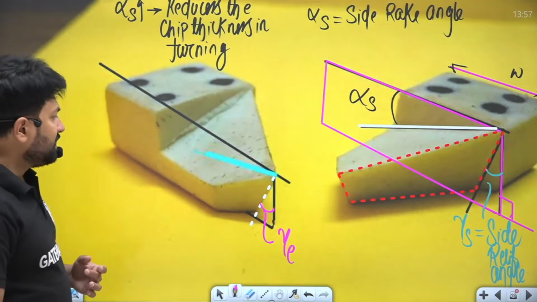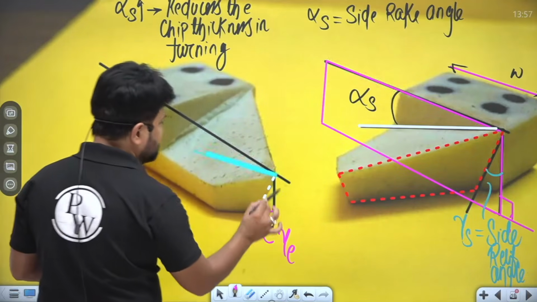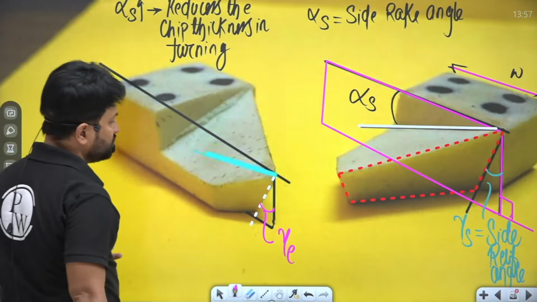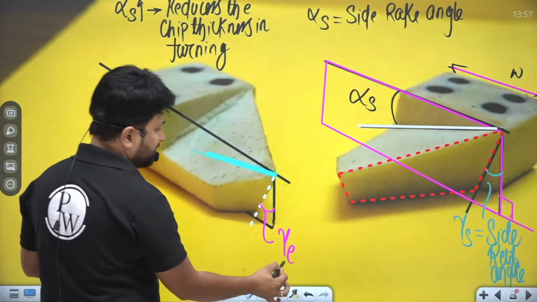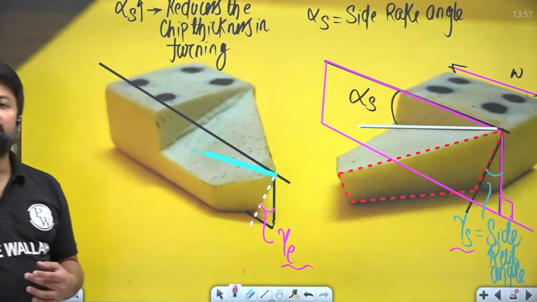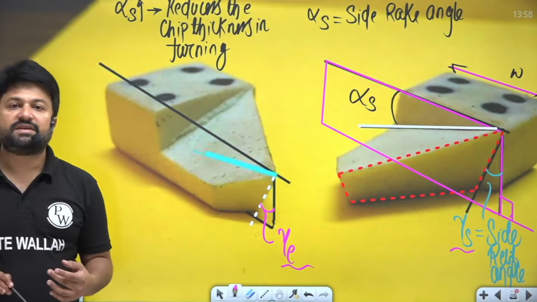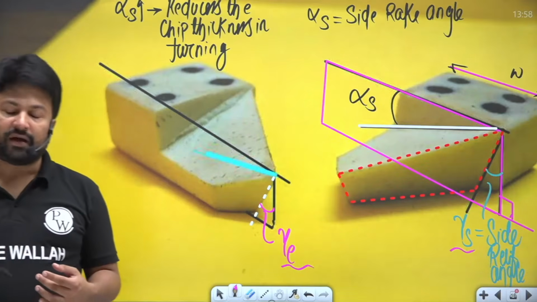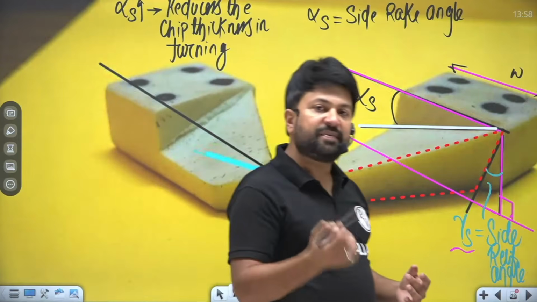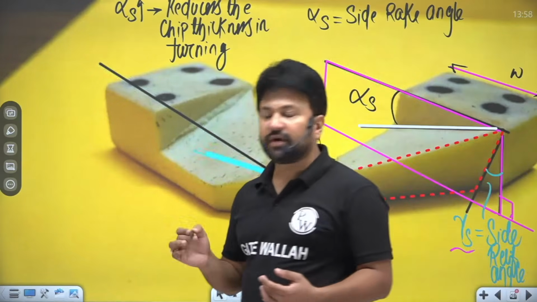My dear, the end relief angle is measured in a plane which is perpendicular to the base and along the length of the tool. Whether you talk about the end relief angle or the side relief angle, both angles basically avoid rubbing of the respective plane with the workpiece.